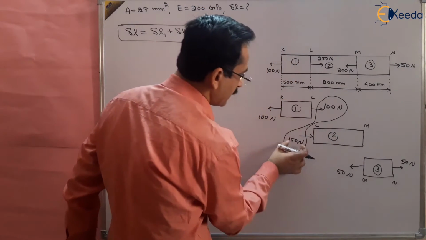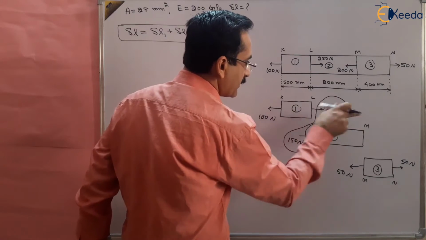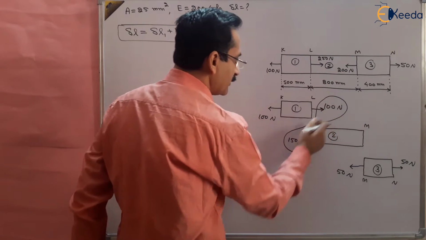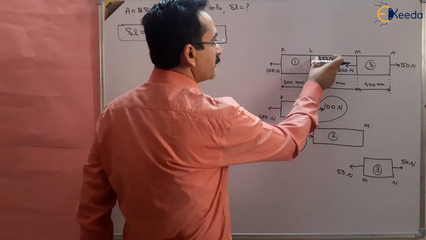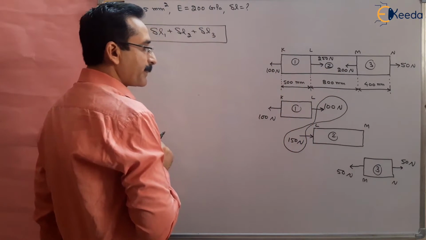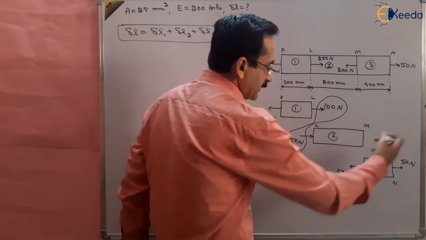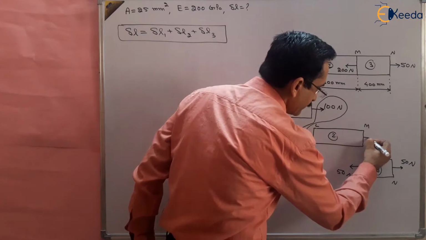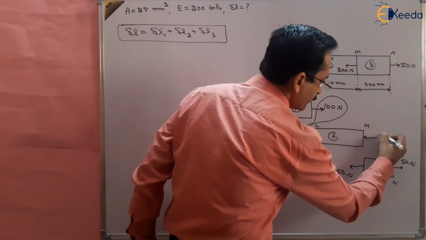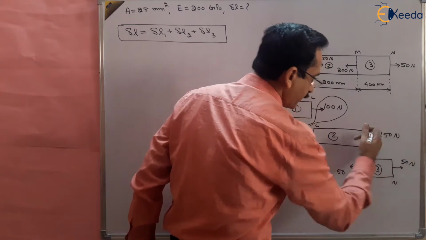So we can see here 150 rightward and 100 rightward, these two will become 250 Newton, which is already there, right? And if this is 150 Newton rightward, there should be 150 Newton leftward, so that the body may be in static equilibrium. So 150 Newton leftward.